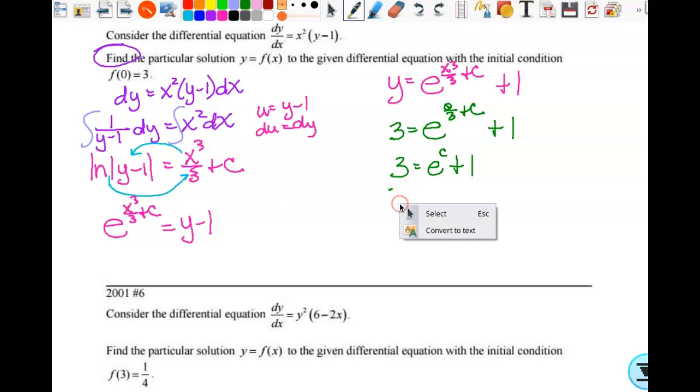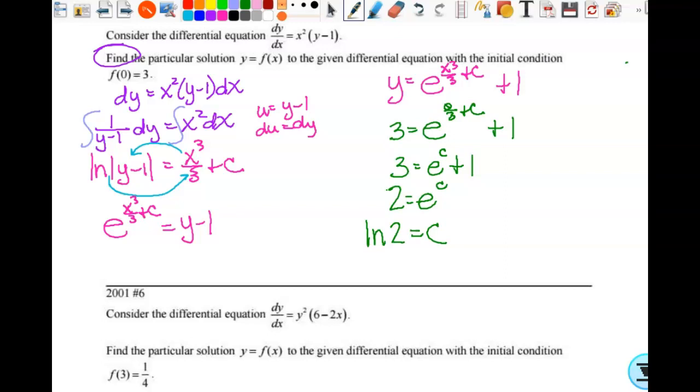So 2 equals e to the c. How do I get c out of that exponent? When I take the natural log of both sides, I'm going to have the natural log of 2 equals c. Because remember, the natural log of e is 1, and that c gets to come out front.